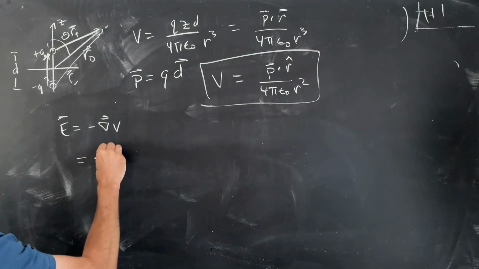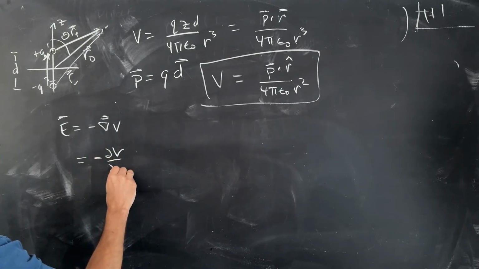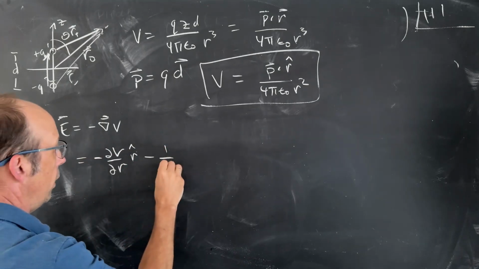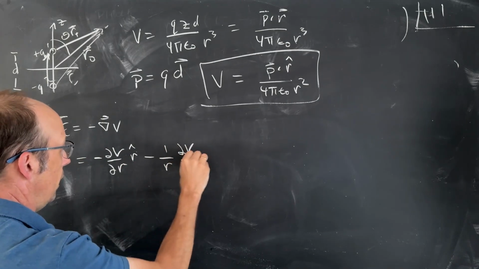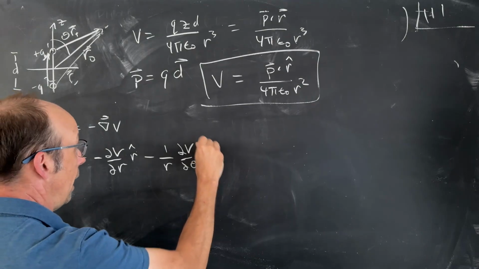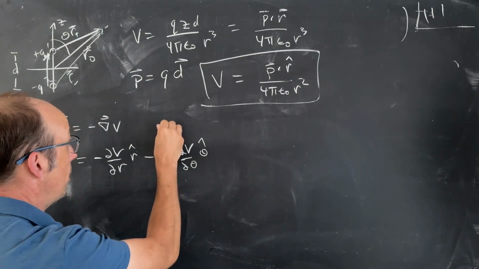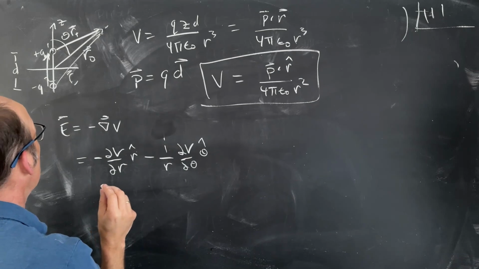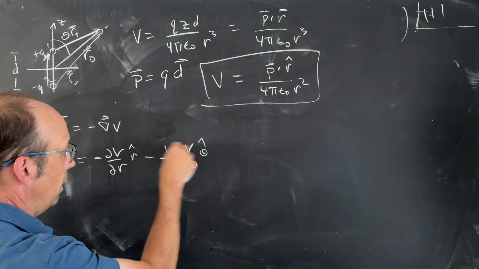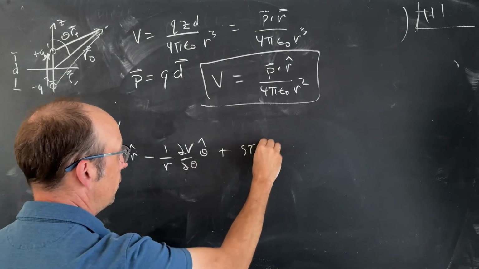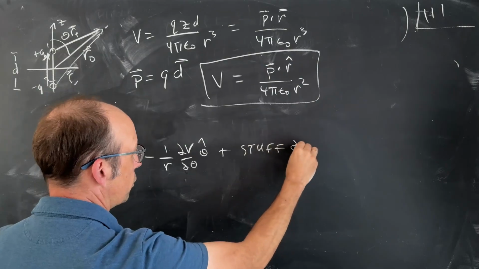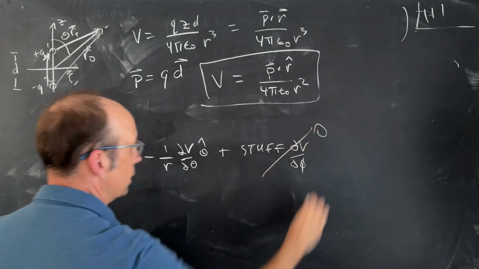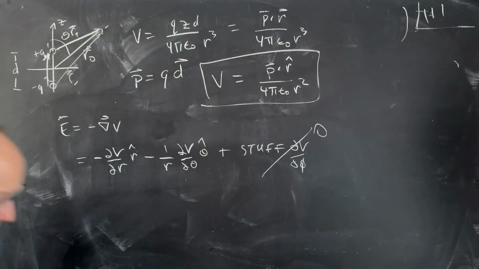It's going to be negative the partial of V with respect to r hat, minus the negative 1 over r, the partial of V with respect to theta hat, plus the partial of V with respect to phi, which doesn't change, so that whole thing's 0. I guess that's a trick.